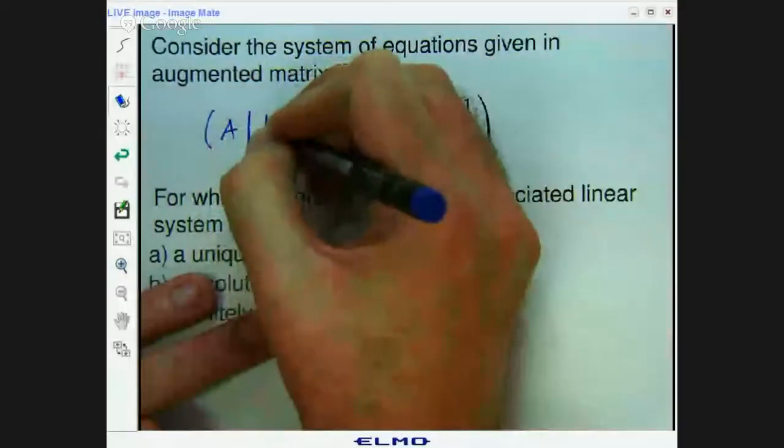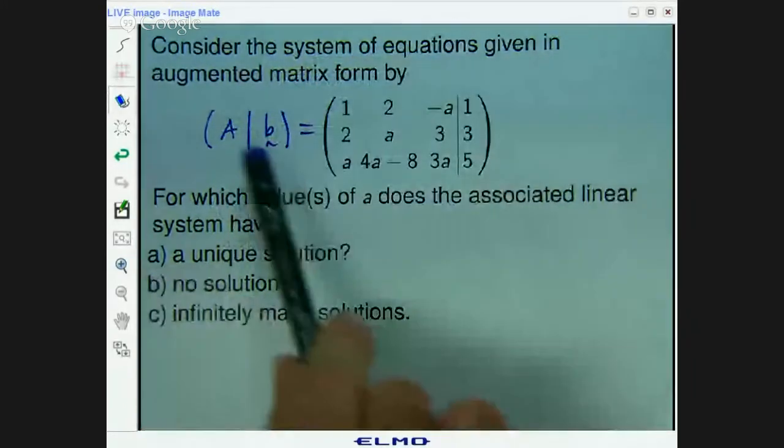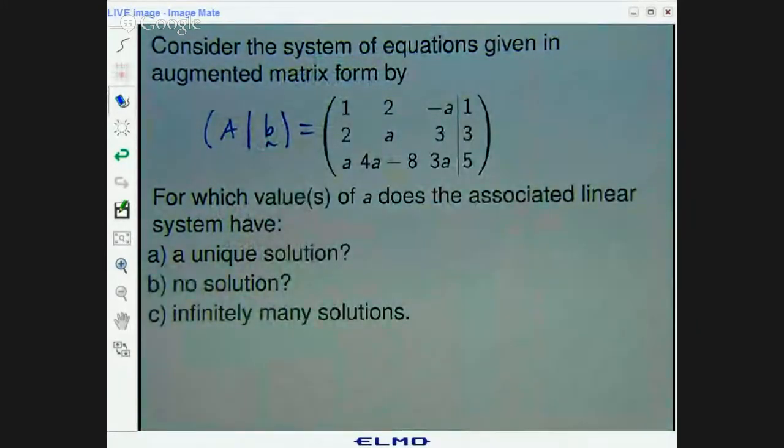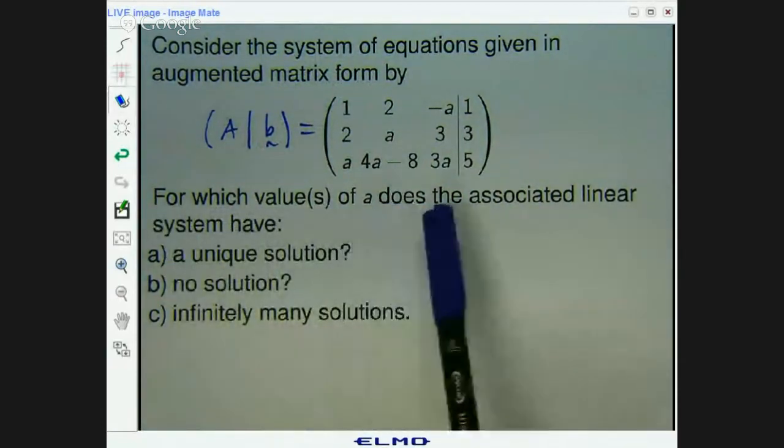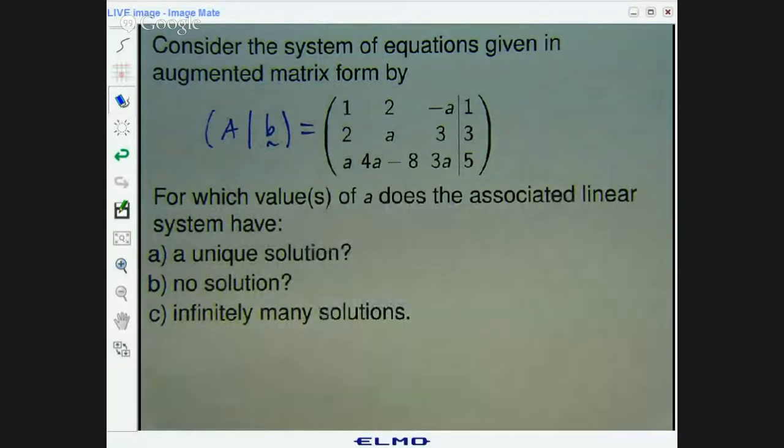All right, consider the system of equations given by this augmented matrix form. For what values of a does the associated linear system have a unique solution, no solution, infinitely many solutions? Well, we know how to answer this question.